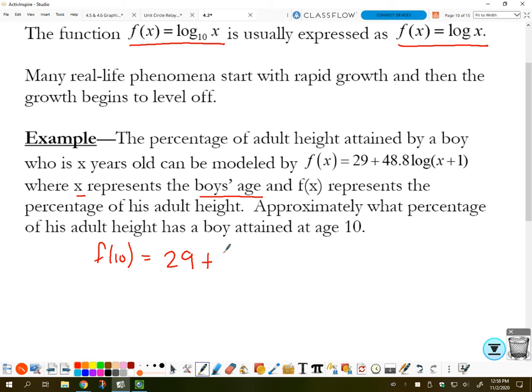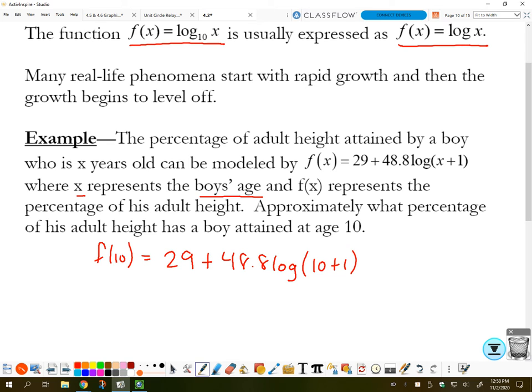So we'll do 29 plus 48.8 log of 10 plus 1. Then with our calculator, we're just going to type that in exactly like it looks. We'll do 29 plus 48.8 and then hit your log button, which, if you're on the graphing calculator, is in the first column of buttons right next to the 7.